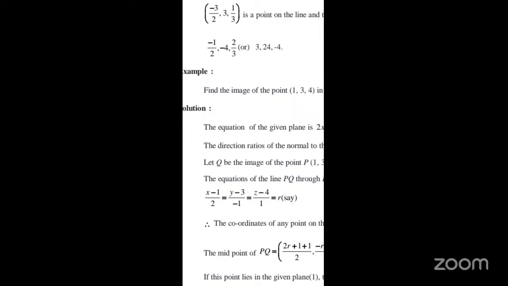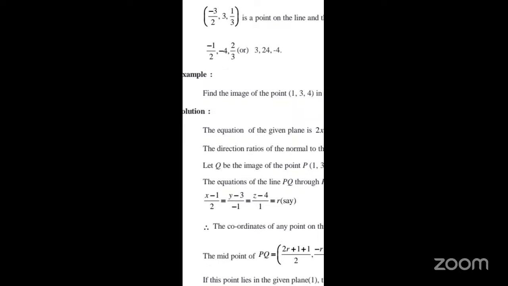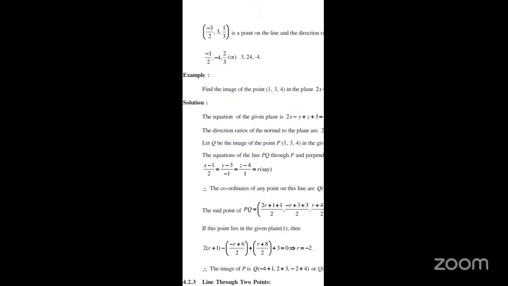Here the LCM is 6. So that's why this can also be written as minus 3, minus 24 and 4. So minus is also common, so it can also be written as the DRs 3, 24, minus 4. So this is a very important example.